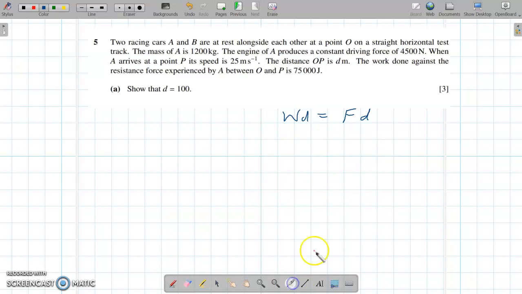Can we not use this equation then to solve for D? There's our D. If we talk about the work done by the engine, do we know it? We don't, but we know the driving force of the engine. The engine produces a constant driving force of 4,500 newtons.